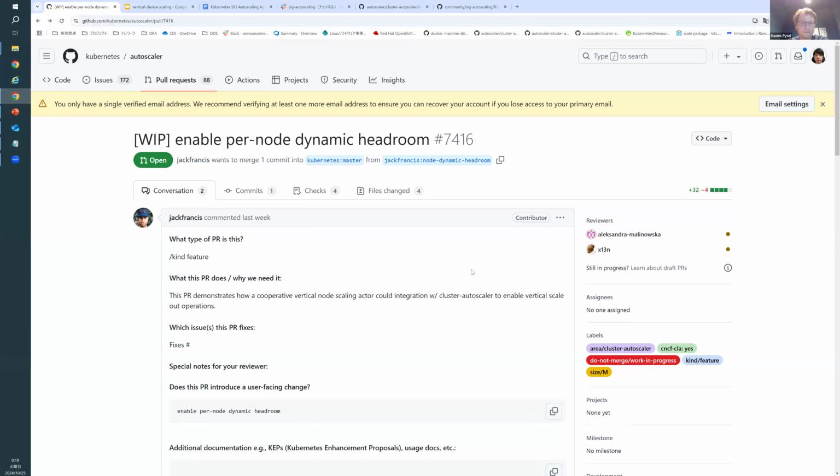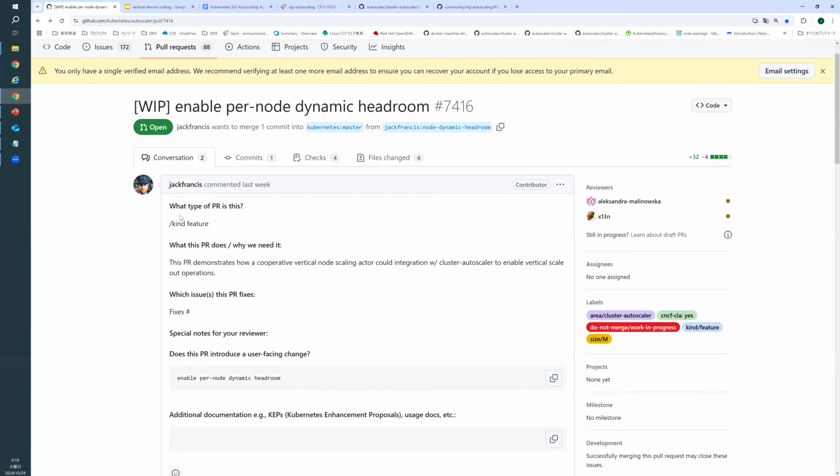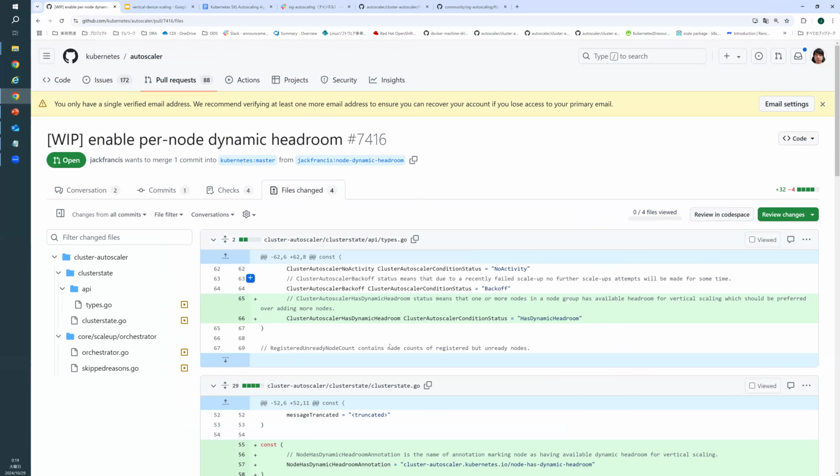Okay. Yeah. I would like to continue to discuss vertical scaling. And Jack Francis proposed an idea for vertical scaling. So I'll explain this idea first.